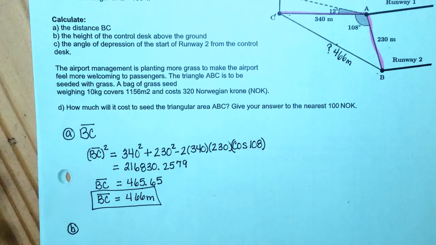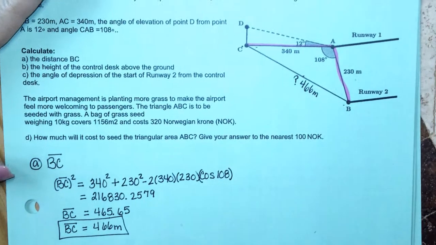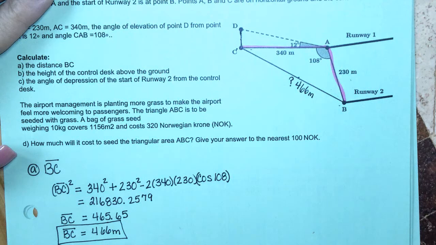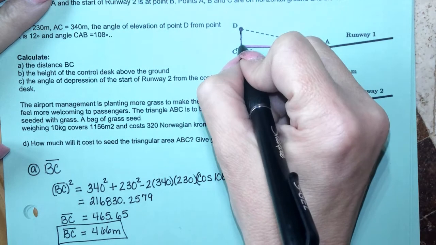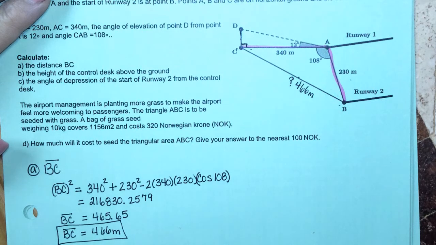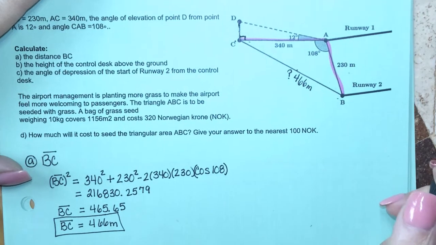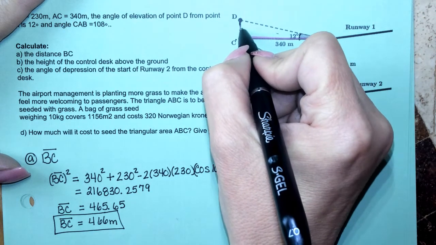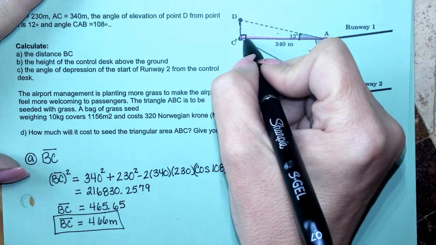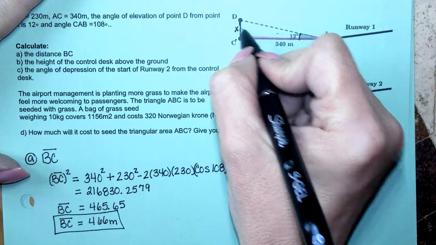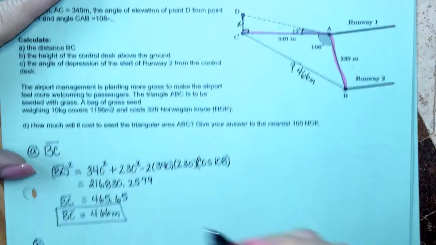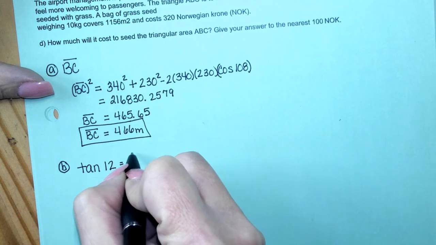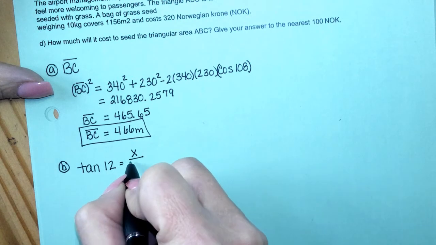B asks me the height of the control tower above the ground. So here's the ground. How tall is this? Well, if it's on the ground, wouldn't that be a right angle? Yeah. So what am I going to use? I know this angle is 12. I need the side opposite and adjacent. If I call that x, opposite over adjacent would be tangent. So tangent of 12 degrees is the opposite over adjacent.